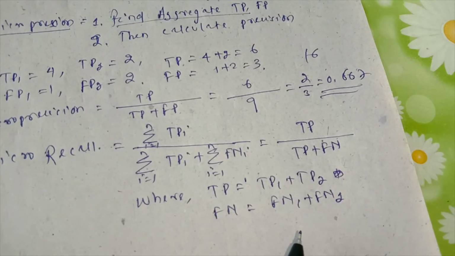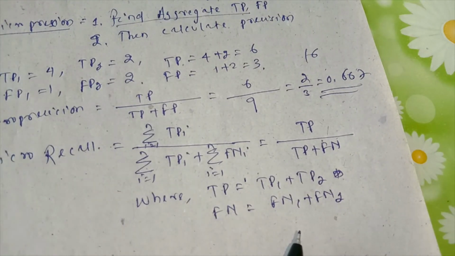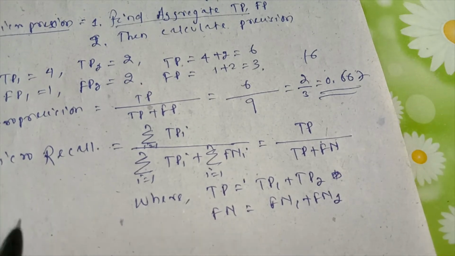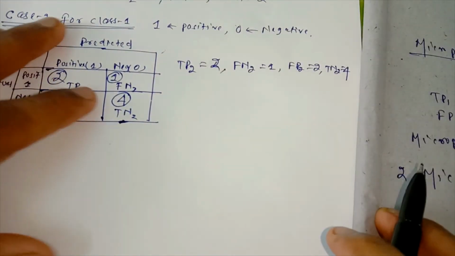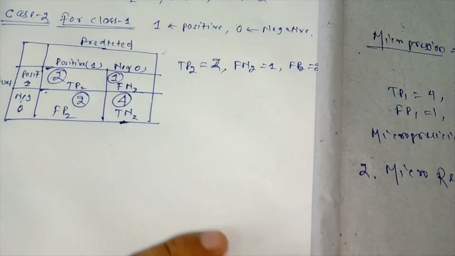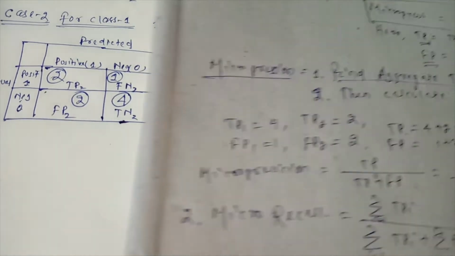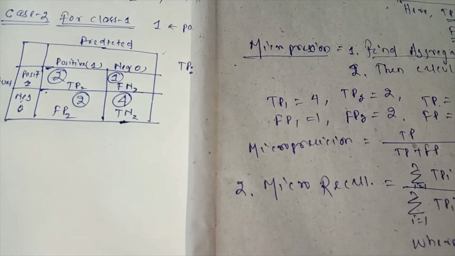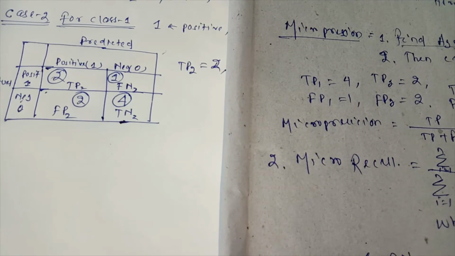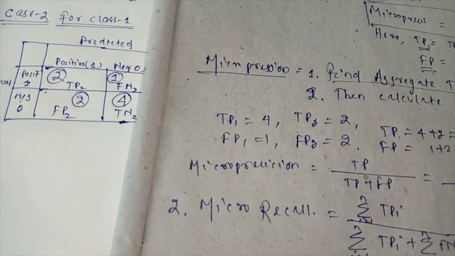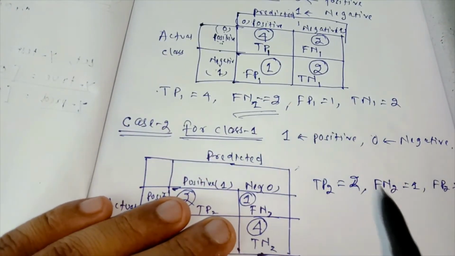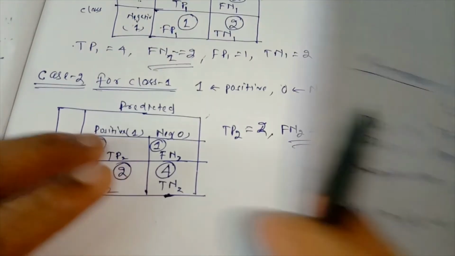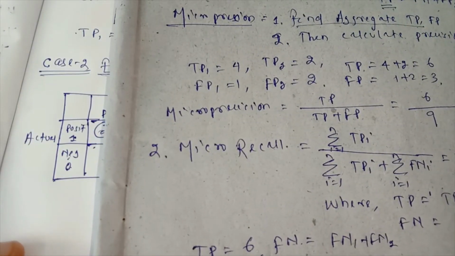Now from our example, let's see. What is TP? From the previous example, I already found TP as 6. Now I have to calculate FN, which is FN1 plus FN2. FN1 is 2 and FN2 is 1, so 2 plus 1 equal to 3.